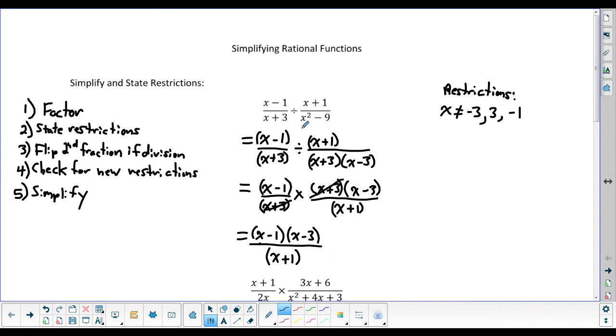When we did some of our simplification steps, say flipping the fraction or canceling things out, if we didn't state the restrictions ahead of time, then that information would be lost. So that's why we need to do it. So a final answer has a full list of restrictions and a simplified rational function.